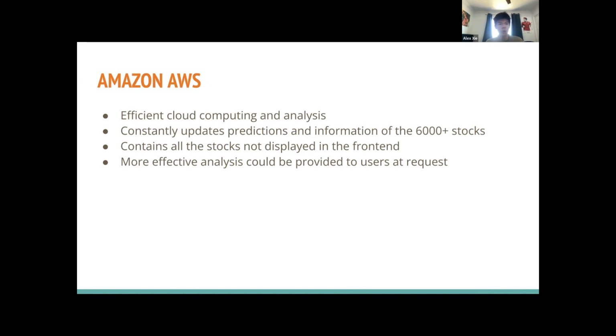We didn't use all the functions and algorithms in AWS, but we use the simple ones that we need. And this contains all the stocks in the back end that were not displayed in the front end. It constantly computes and predicts, and updates the information on those 6,000 stocks.